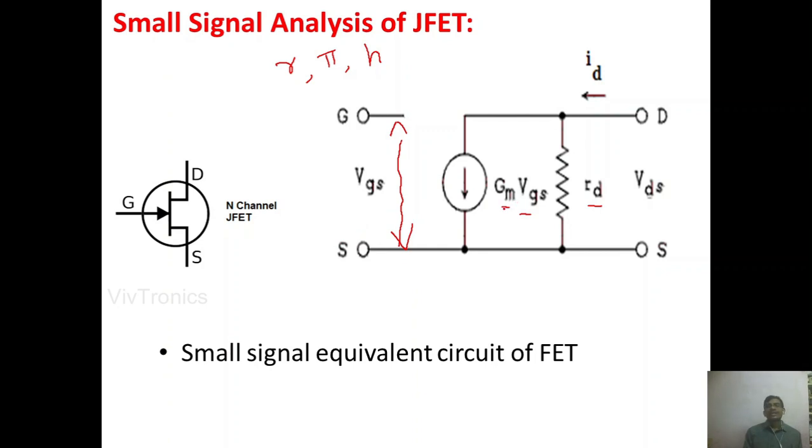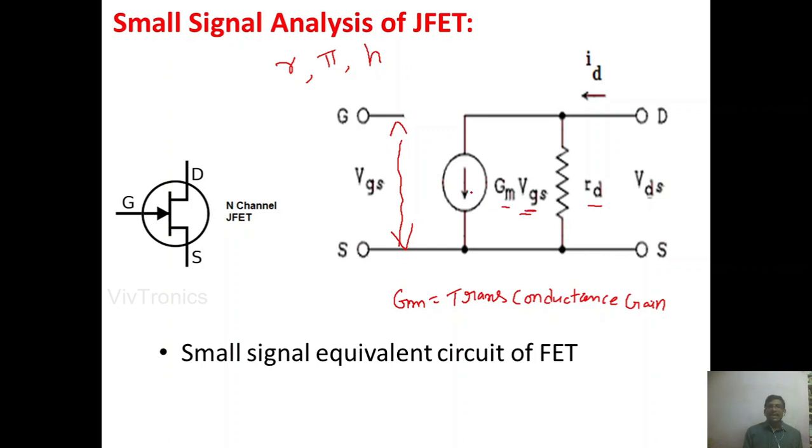At the output side, gm VGS is a current source, where gm is called the transconductance gain.